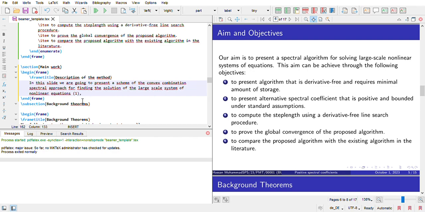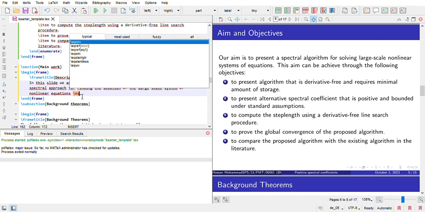Instead of this one, which is manual, I will just use eqref equation 1. Remember eq1, so that is what it will do.